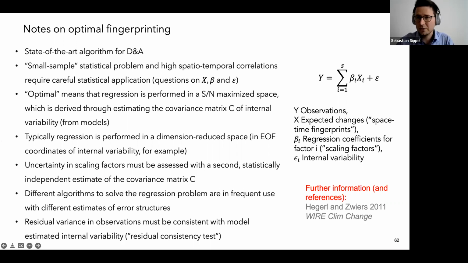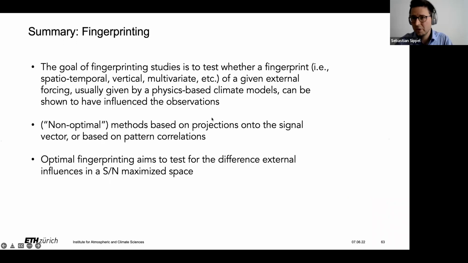And with that, I would like to summarize my very brief introduction into fingerprinting. Again, the goal, and that's really the most important point that I want to get across, of these fingerprinting studies is to test whether a fingerprint, so spatial, temporal, vertical, multivariate, etc., of a given external forcing, that's usually given by physics-based climate models, can be shown to have influenced the observations. It can also be something else, but in most cases it's a physics-based climate model, but sometimes it can be an energy balance model, for example.